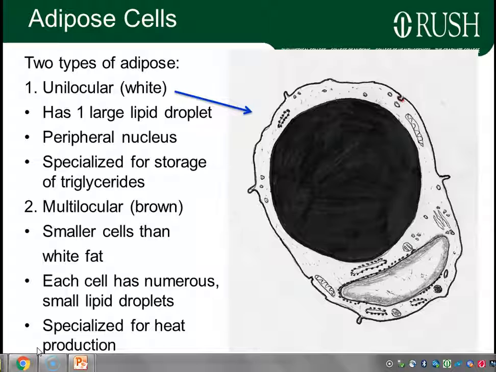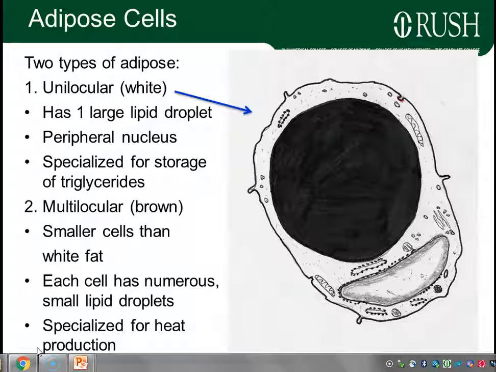Now, multilocular fat, or brown fat, appears a little bit browner for two reasons when it's seen in gross unfixed specimens. And that's because it has a larger amount of mitochondria within each cell, and it also has a larger amount of vascularization throughout the tissue.